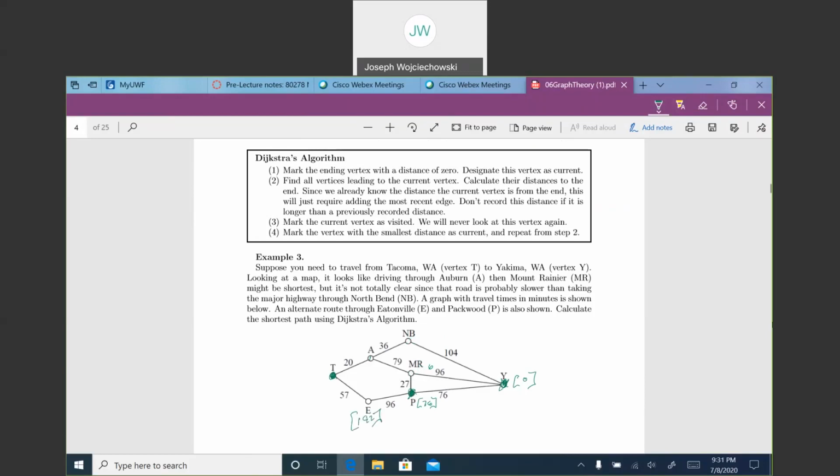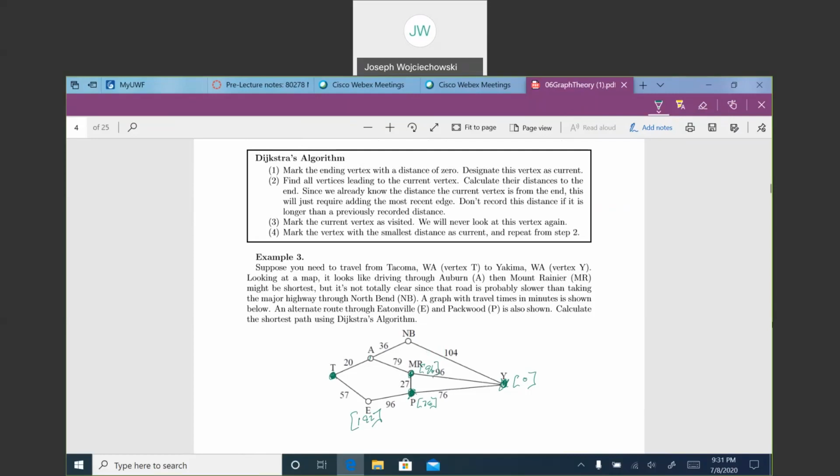Or I could go here to M, which would put me at 103. So M would be the shortest, MR, excuse me. However, if you remember from before, we could get to MR straight away. So bring that back to 96.